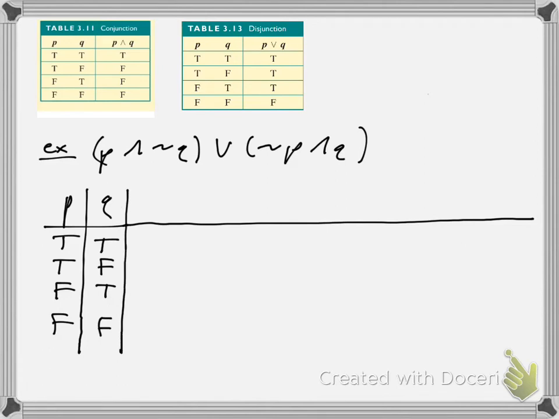So it looks like I need to find both not P and not Q. Agreed? Because they're both in there. There's a not P here and a not Q there.